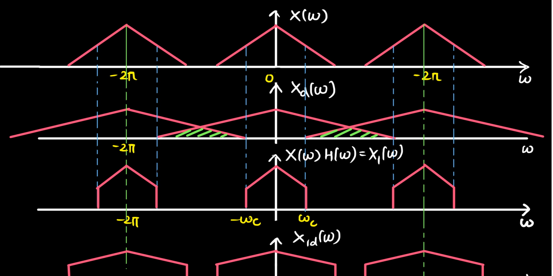The scaling or the stretching of this x hat of omega is such that this maximum frequency point exceeds this point here, and we have some kind of overlapping, which means that we are completely distorting the signal.